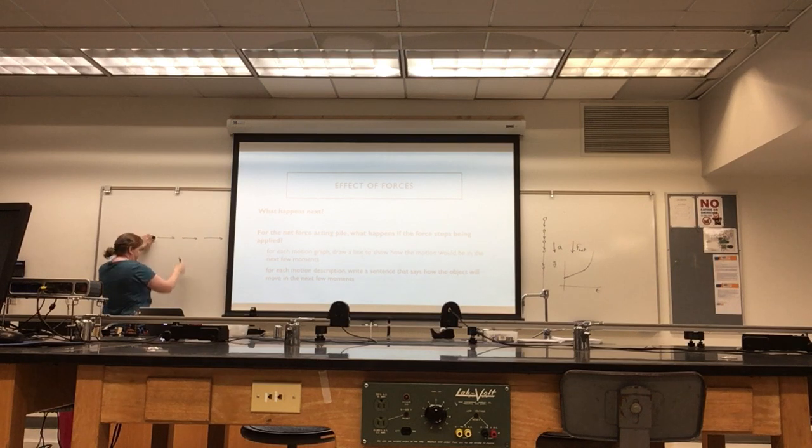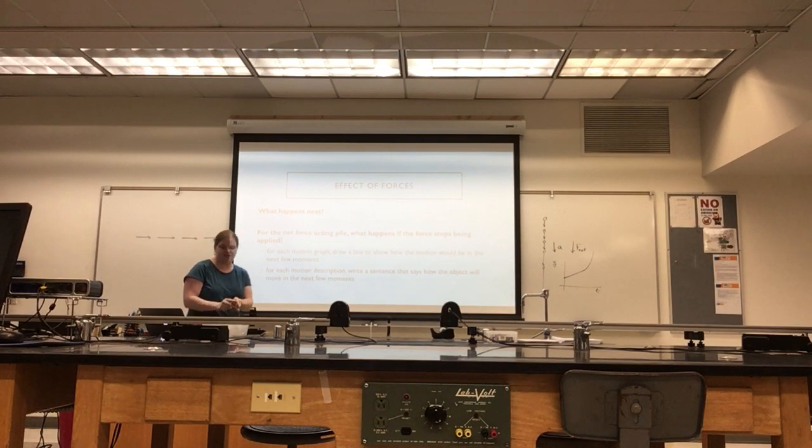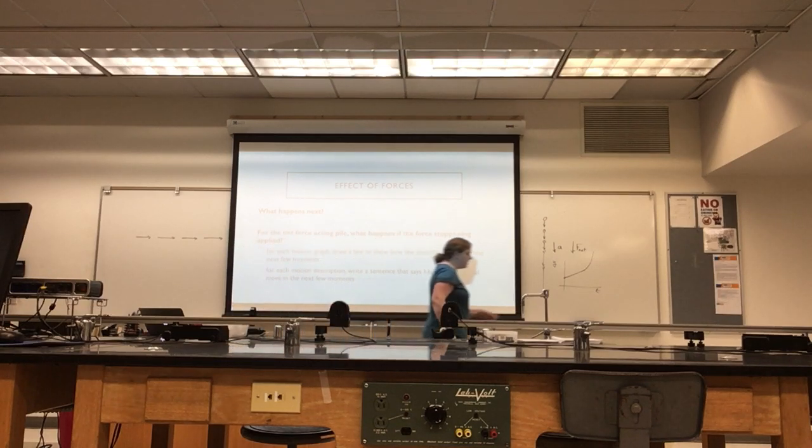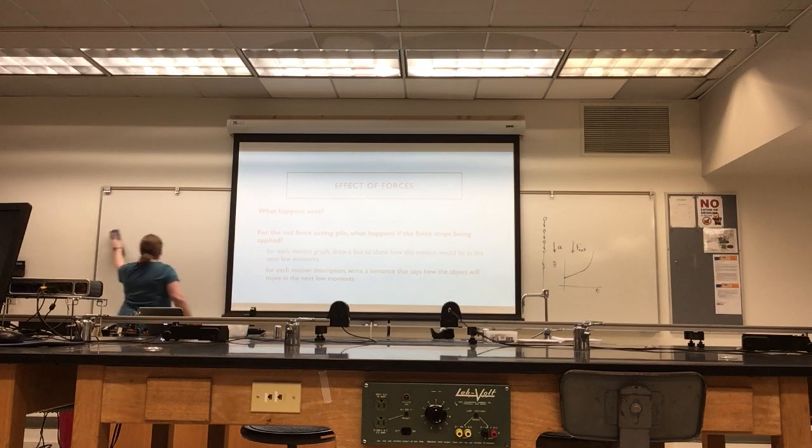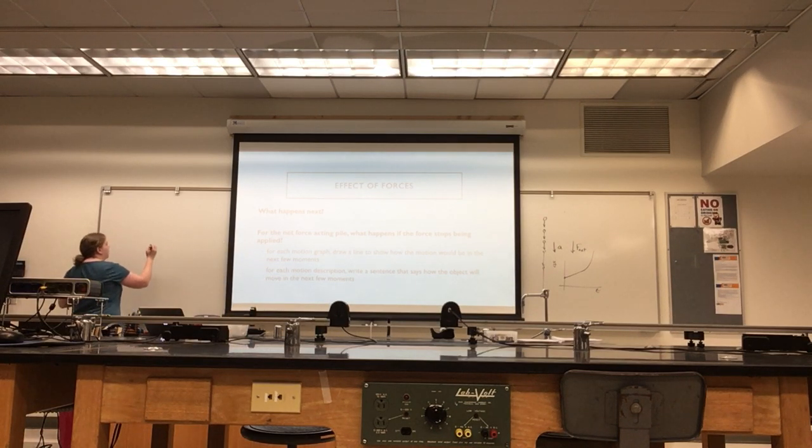Okay, let's think about this. Let's do the car going around the corner first. Gotta kind of draw this. So here is the corner of the road. Here is my car, and they are moving this way.